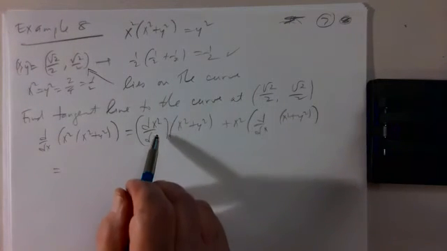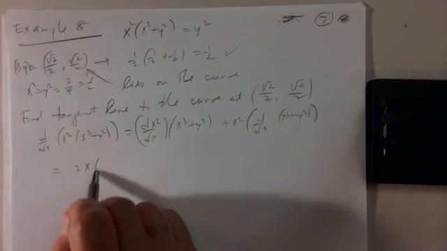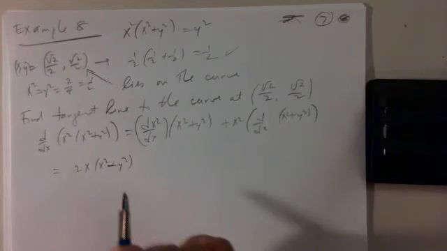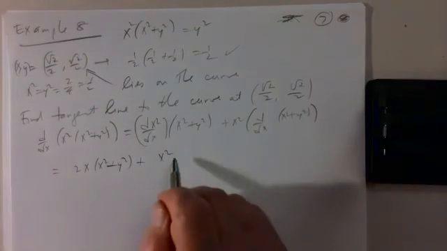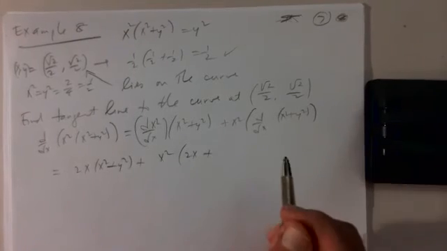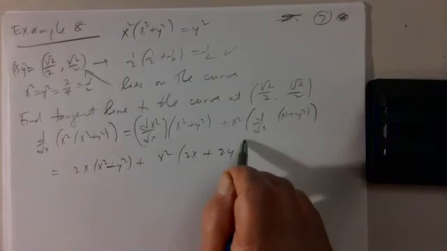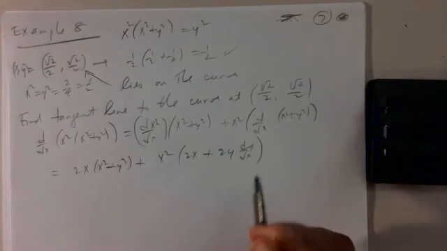The derivative of x squared with respect to x is 2x. And the derivative of x squared plus y squared is 2x plus 2y dy dx.